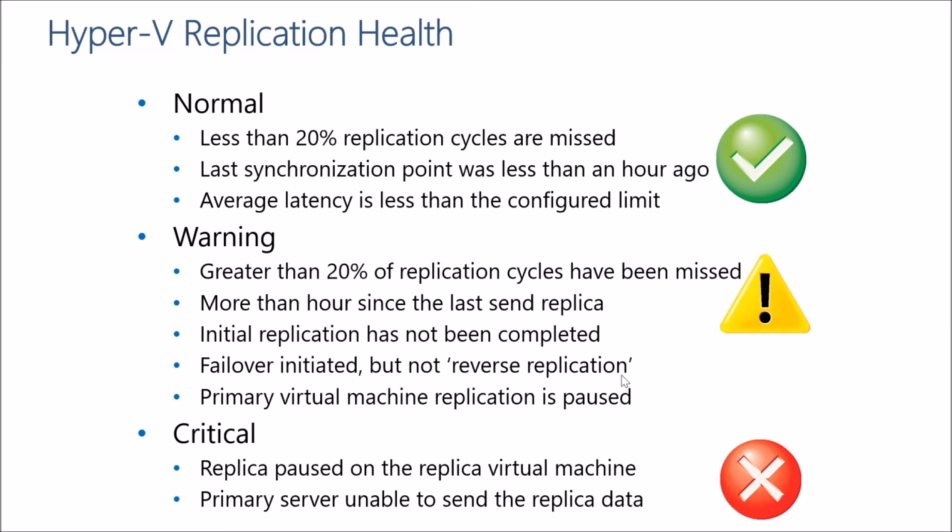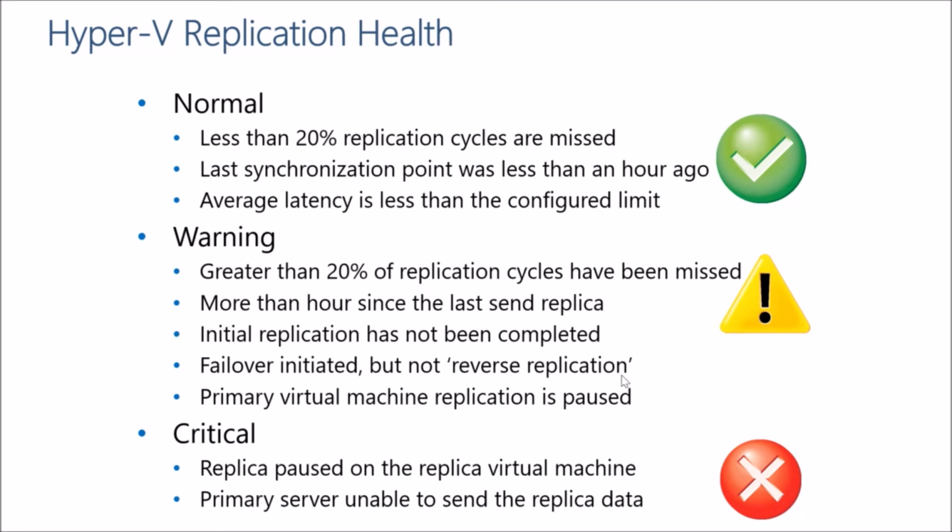But it becomes warning if the missed replication cycles is more than 20%, or more than an hour has passed since the last sent replica, or the initial replication hasn't been completed, or if it's been failed over, but the reverse replication is not configured or not working.